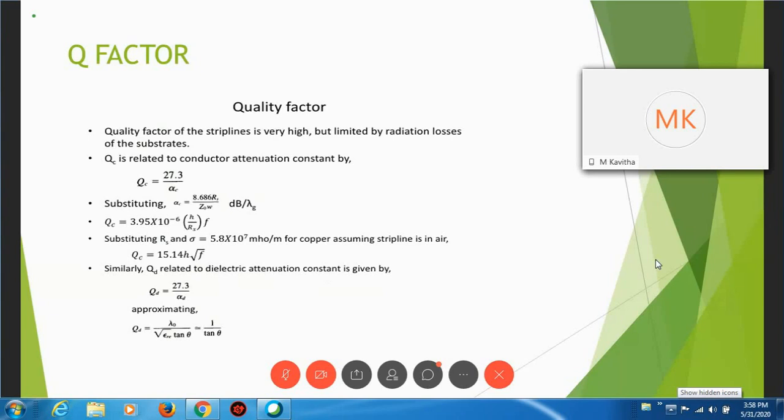We need to combine all of these together, and only then can we calculate the quality factor of the microstrip lines. These are the things we need to consider when designing a network using microstrip lines. The three important types of losses are conductor loss, dielectric loss, and radiation loss. And what can be done to minimize the loss?